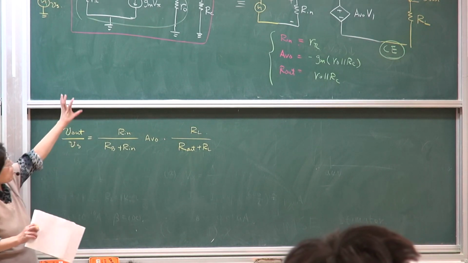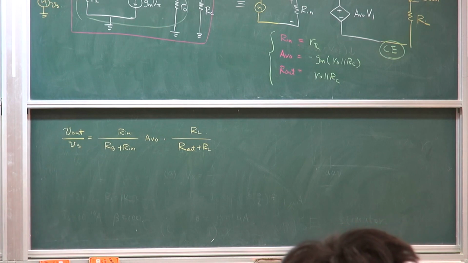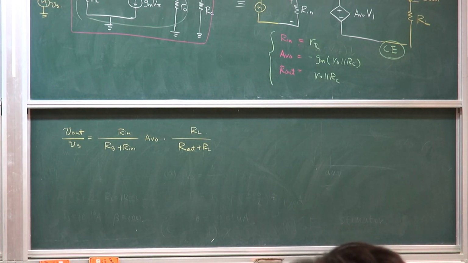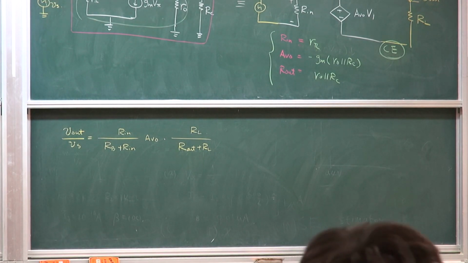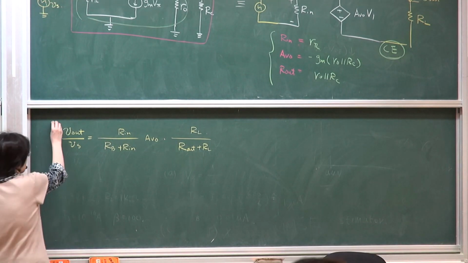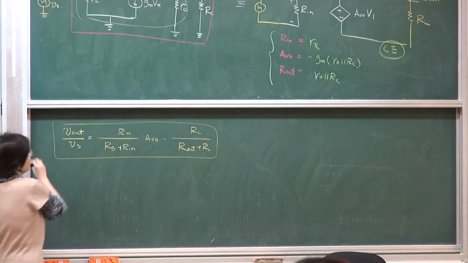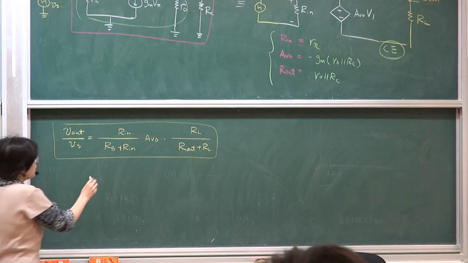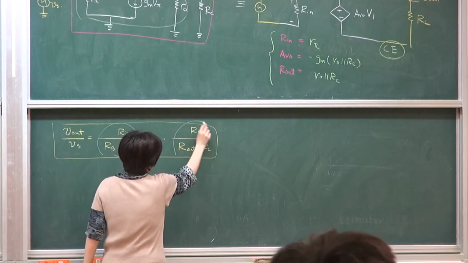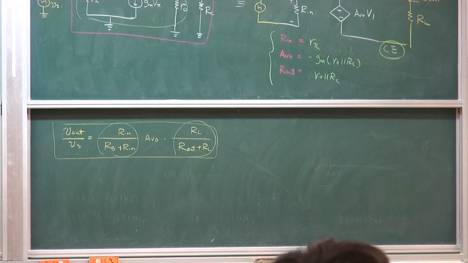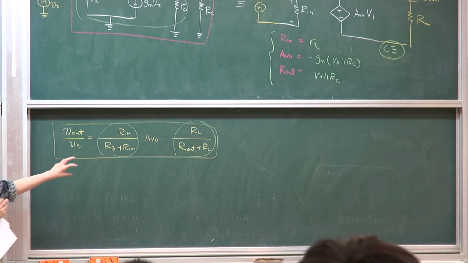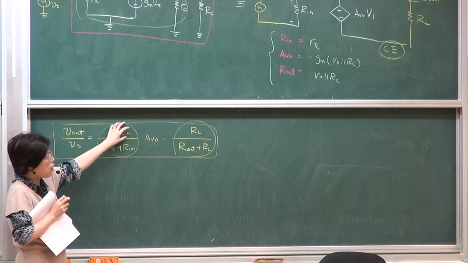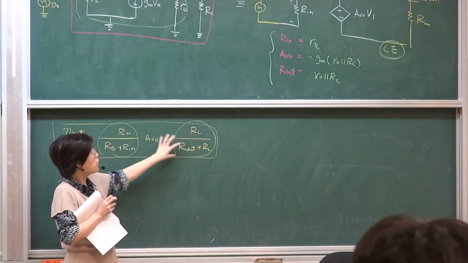This will give you the general behavior of a single stage amplifier, and then you can connect to whatever you want. Whatever the next stage is, R load may be the input impedance of the next stage, or simply a loading that you're connecting to. Then you simply use this to get your overall response. So this is mostly interfacing quality. So how do you actually design this? As I said, you want this to be as high as possible, and this as low as possible, to get close to this.